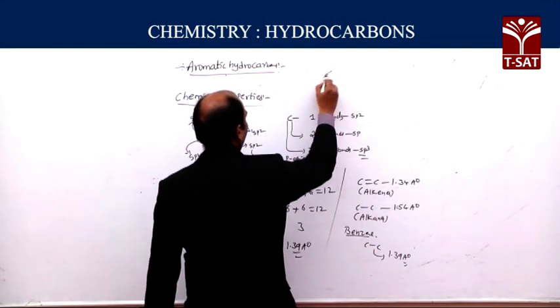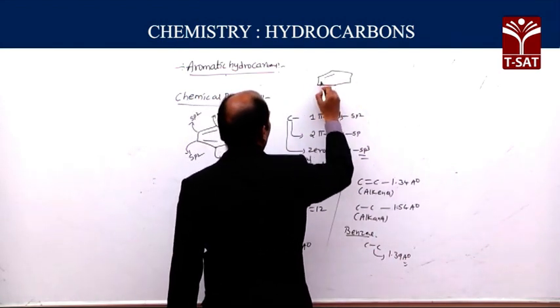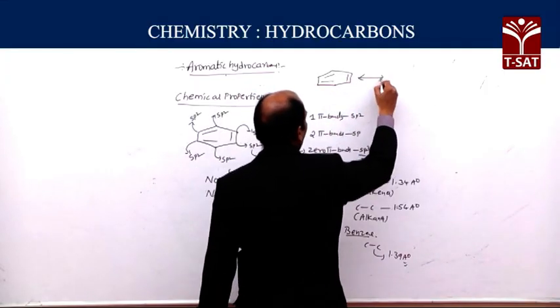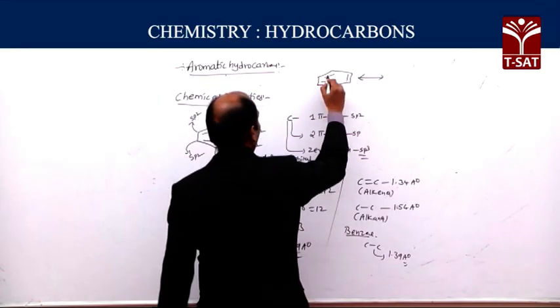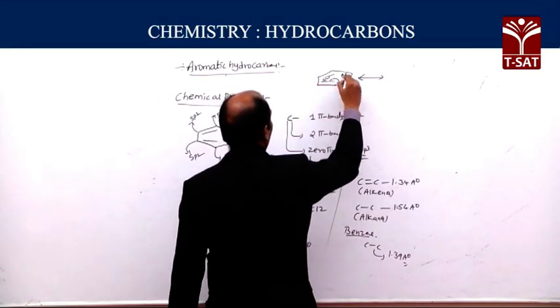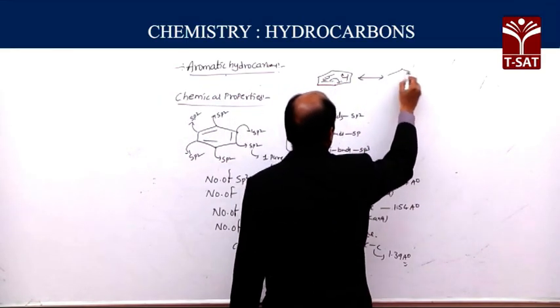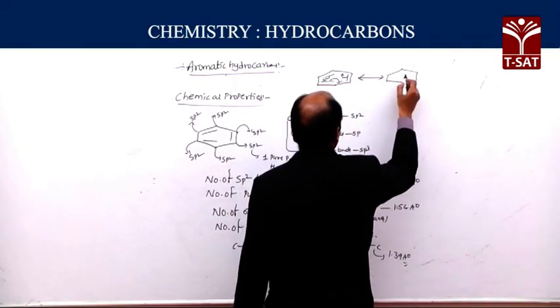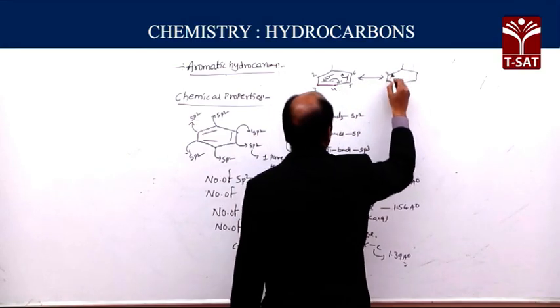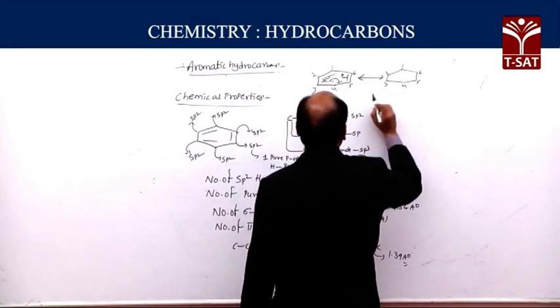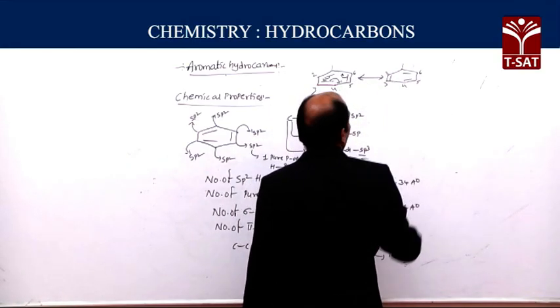That means in benzene we have double bonds and also single bonds, but this double bond and single bond is not constant between any two carbon atoms, it always migrates from one position to another position. So we get these resonating structures 1, 2, 3, 4, 5, 6, where the position of the double bond is migrated.